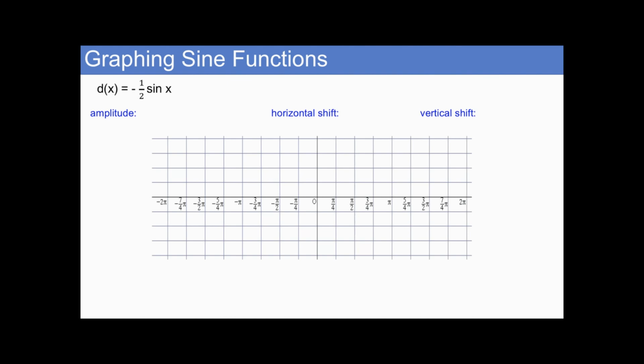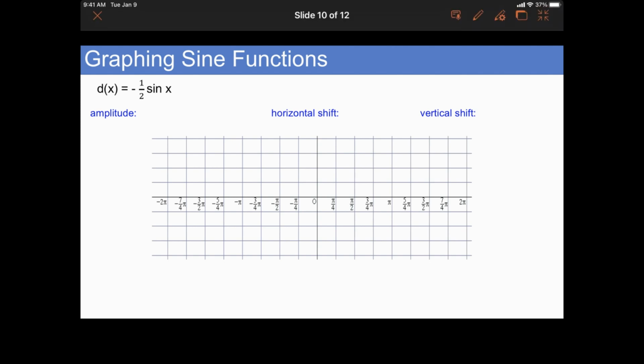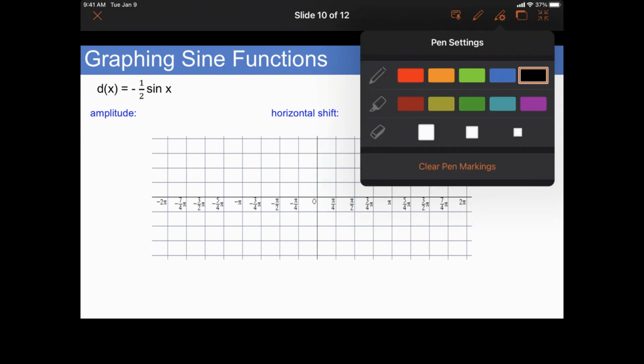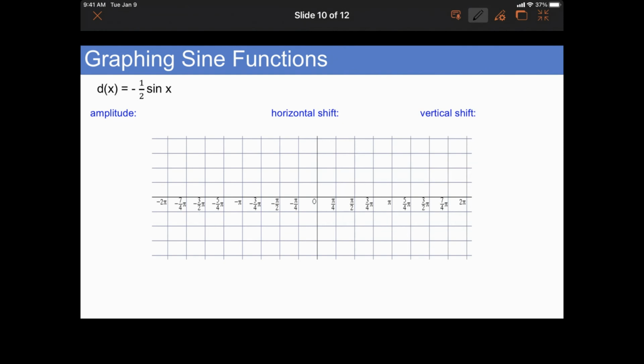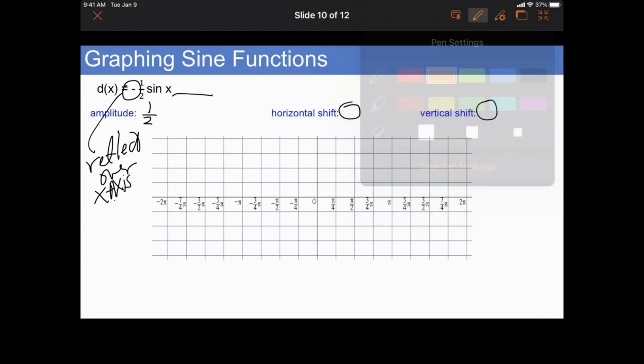All right, let's look at this one. Okay, so what do we have now? Here I have, all right, I have an amplitude of 1/2. Positive and negative tell me reflect. So it's going to flip it over the x-axis. Okay. There's nothing here, so that's going to be 0 and 0.